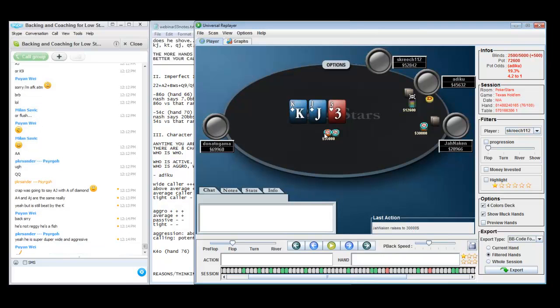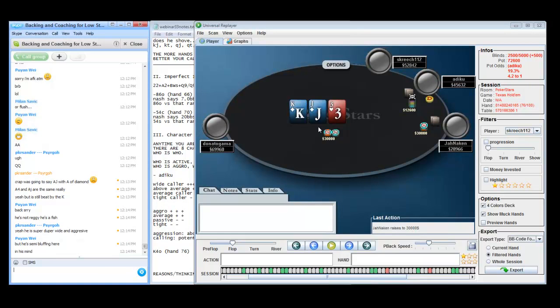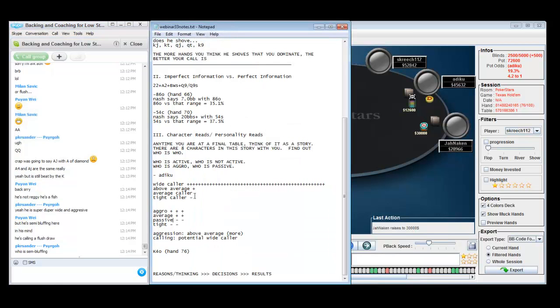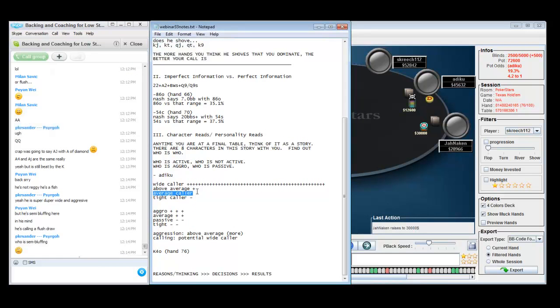Here he is calling with Ace High against a check raise to 30k. He has a backdoor diamond draw. Maybe in his head he's like, oh, I have something, I have a backdoor gut shot. But this is loose. This is not tight. This is not average. This is not just above average. This is just really wide, right?